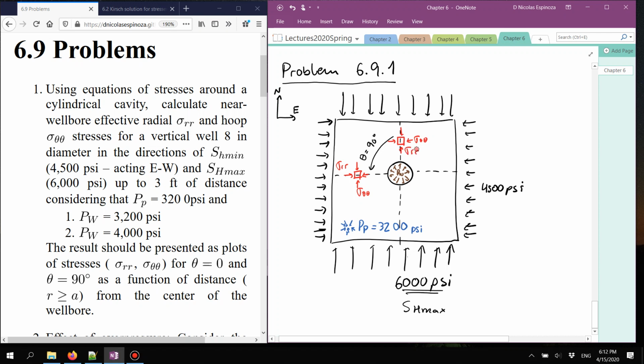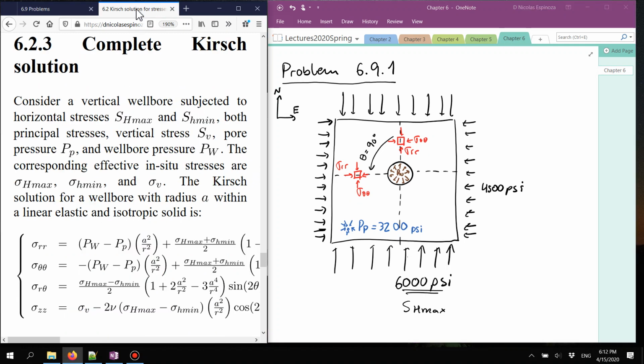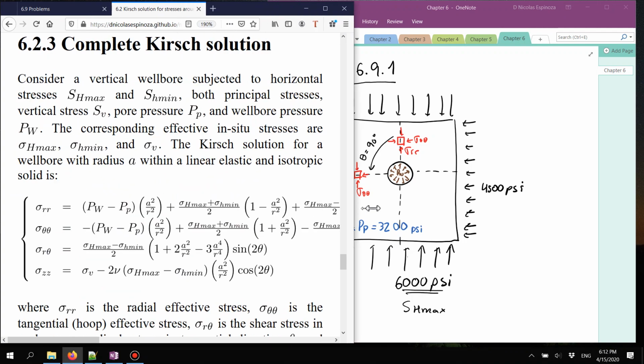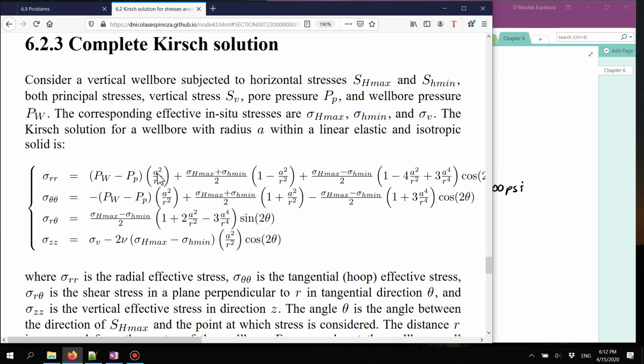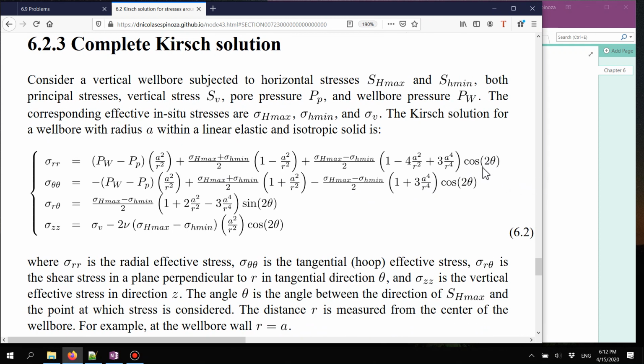And you're going to calculate those two by using the Kirsch solution, and here you have the equation. After you input the values of A and R and the value of theta, replacing it for 0 or 90, you're going to be able to calculate these two values, sigma RR and sigma theta theta.